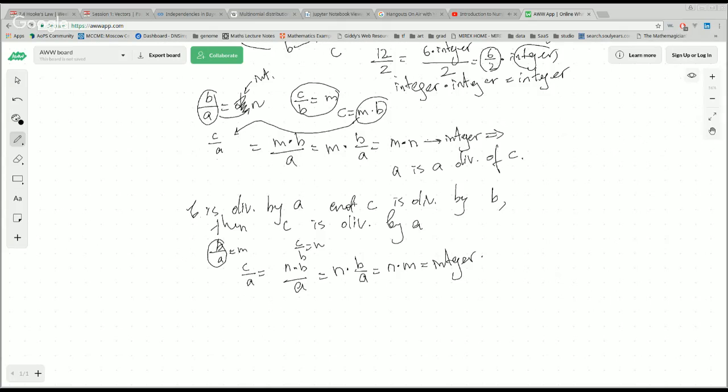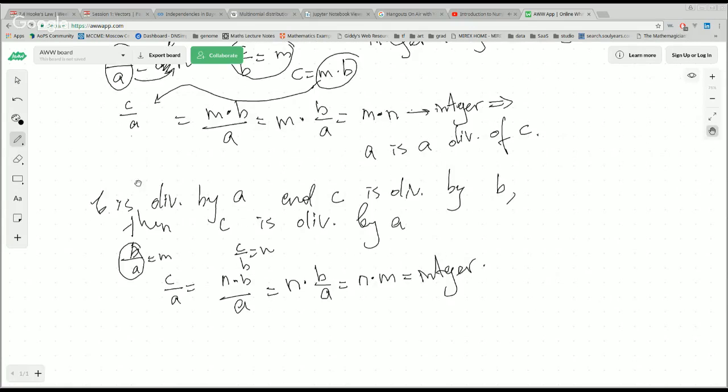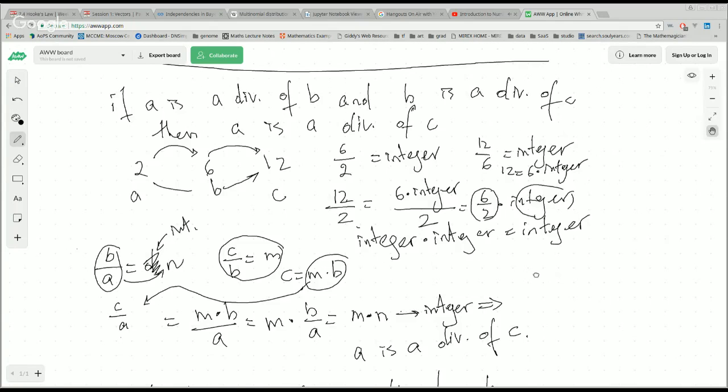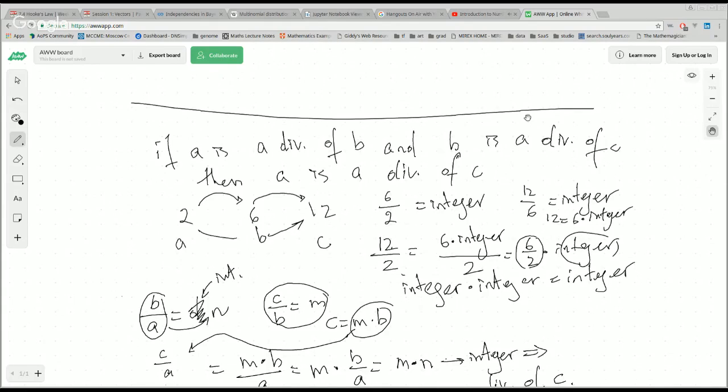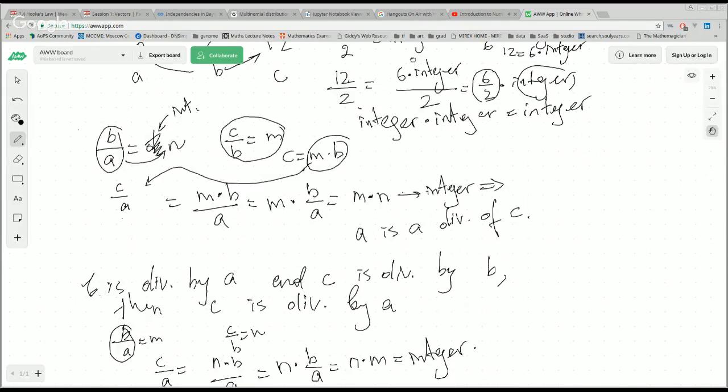So these two statements, first one saying if B is divisible by A and C is divisible by B, then C is divisible by A, is the same as saying if A is a divisor of B and B is a divisor of C, then A is a divisor of C. This makes sense, right? If A is a divisor of B, B is divisible by A. If B is a divisor of C, C is divisible by B. If A is a divisor of C, C is divisible by A. So these two statements are equivalent.